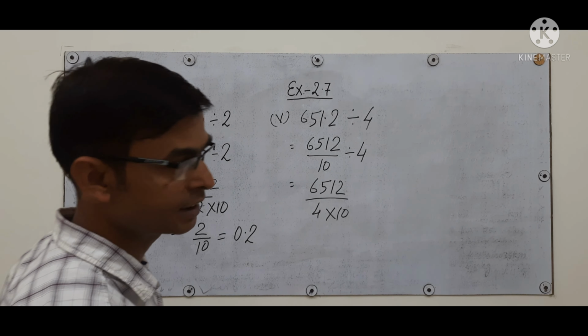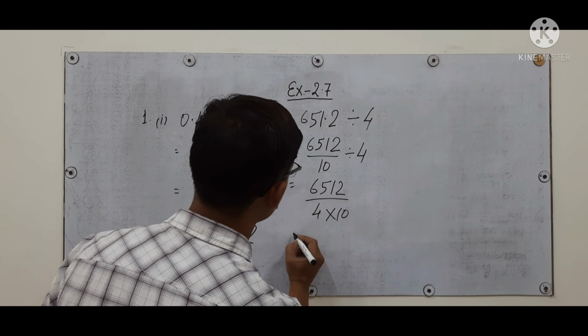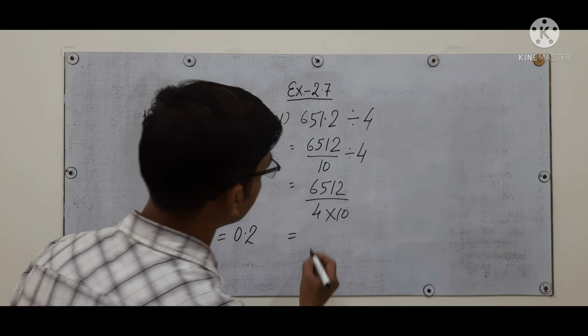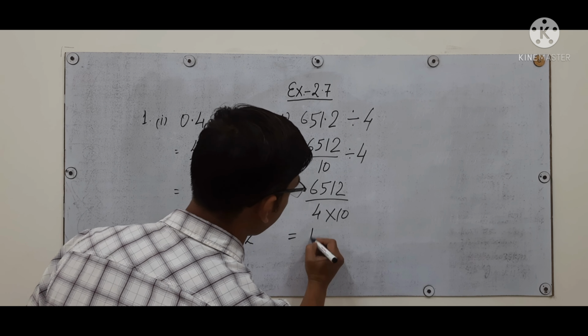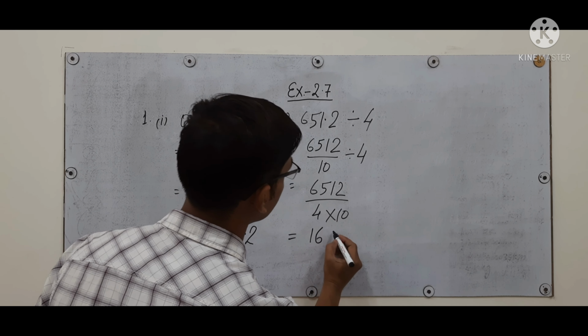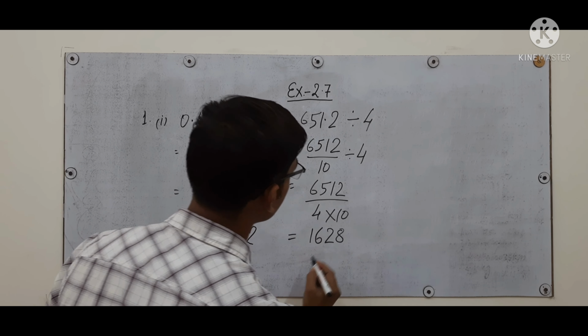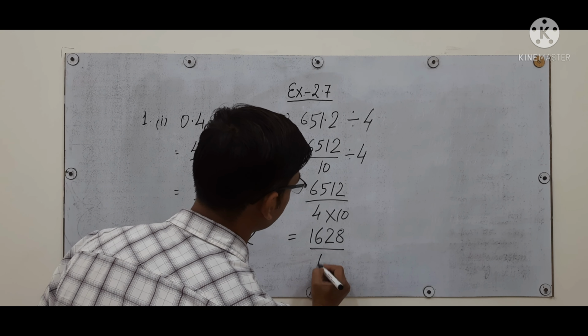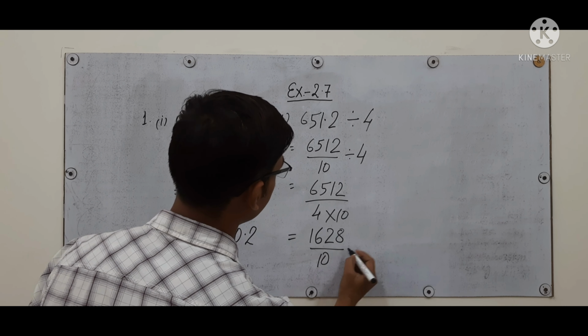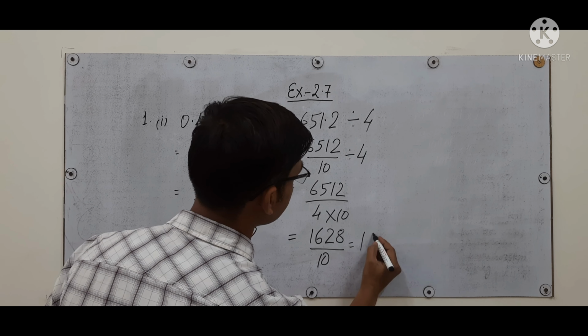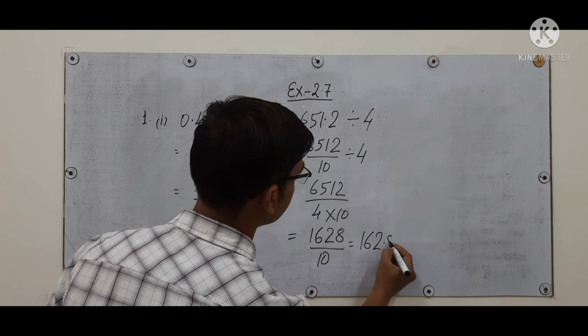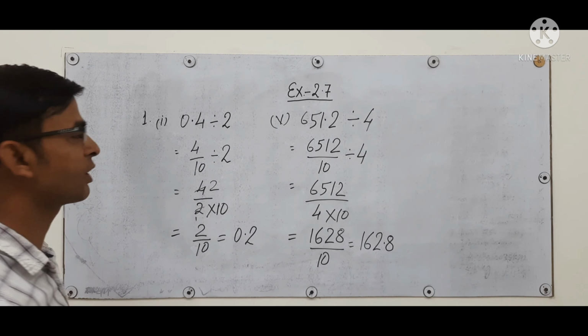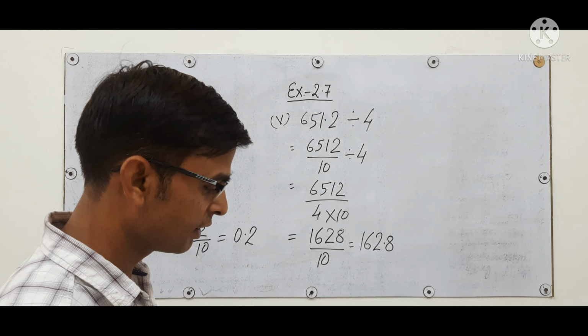Now we will express it in lowest form. When we divide it, it will be 1628 upon 10, and now we will easily divide it, and our answer will be 162.8. You can see these are also easy questions.